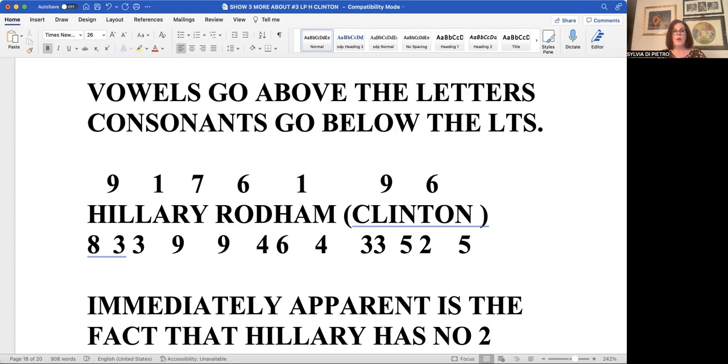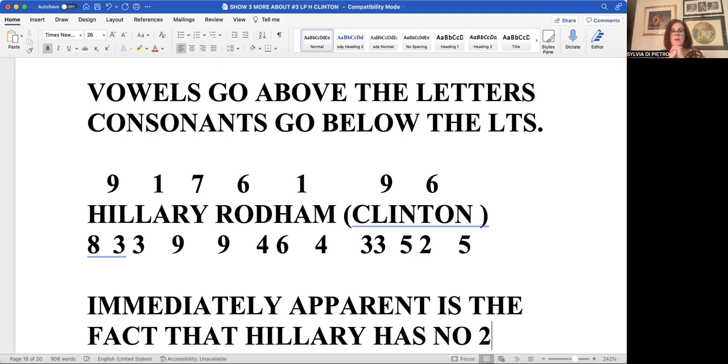So we know that she has a 1 in Hilary. She has no 2. She has the 3 in Hilary. She has the 4 in the M in Rodham. We don't see a 5 there at all in Hilary Rodham. She might have it in her middle name.